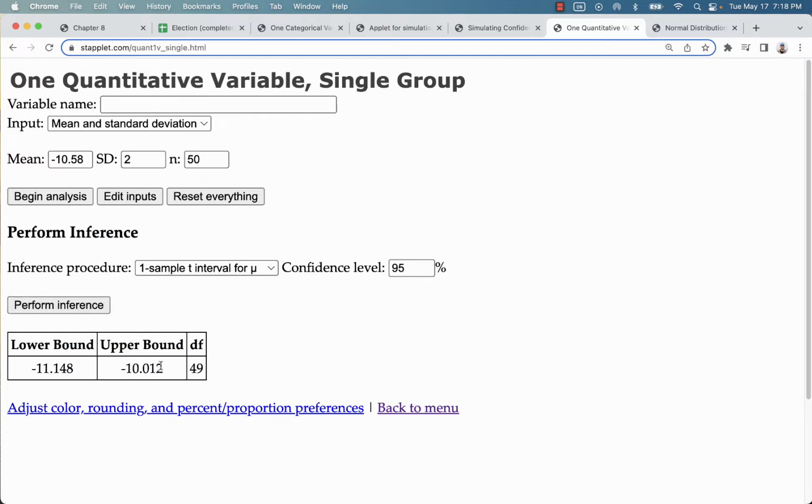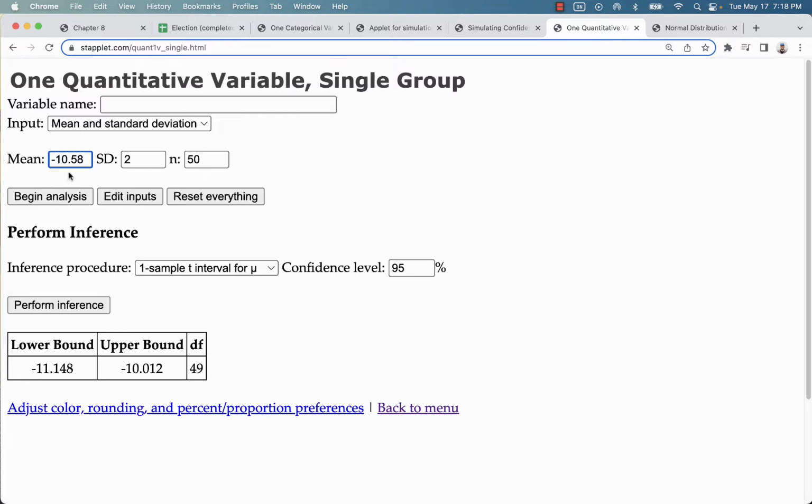To summarize, if you have a goal for your population mean and you want to provide some evidence that you've met that goal, you're looking for a sample that really exceeds your goal. In this case, our goal is -10, so we want to go past -10 by enough points that we exceed the margin of error. And that will put that whole entire confidence interval in that goal range.